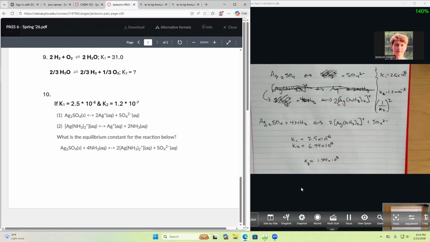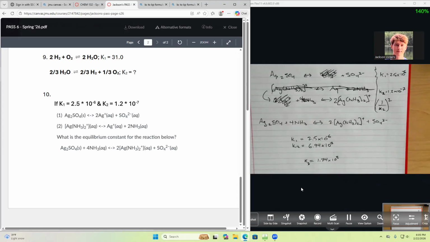Does that make sense? My work is kind of messy here, but it's a very similar concept to what we did on the previous one. The only difference now is we're multiplying two K values together. And you also want to do all the manipulating to the individual Ks before you multiply them together.